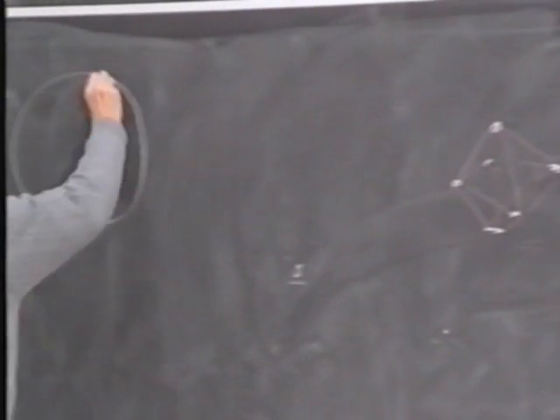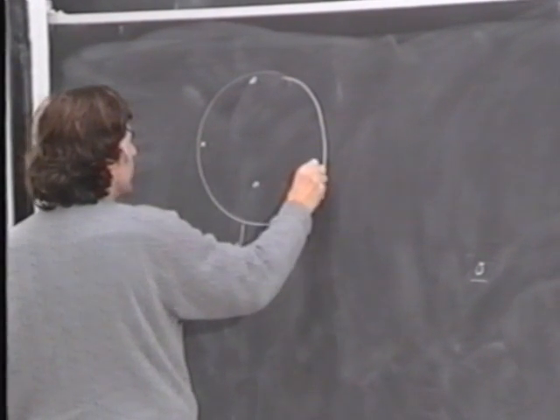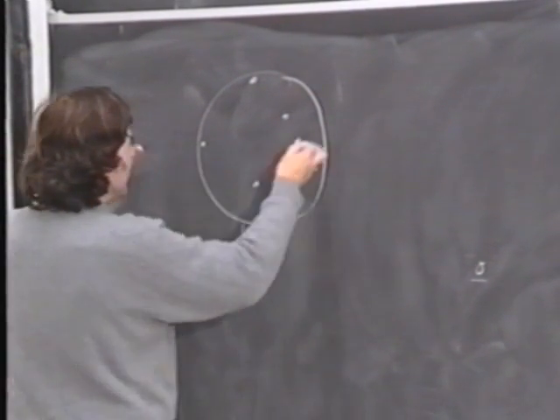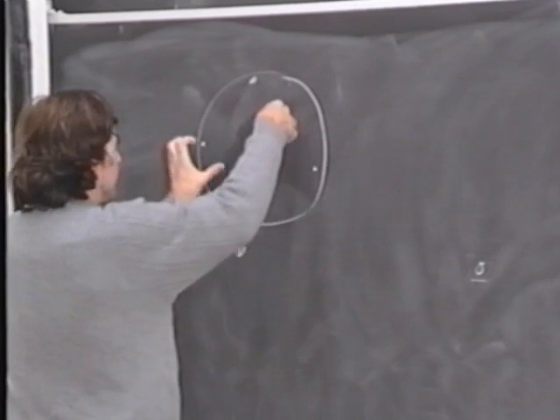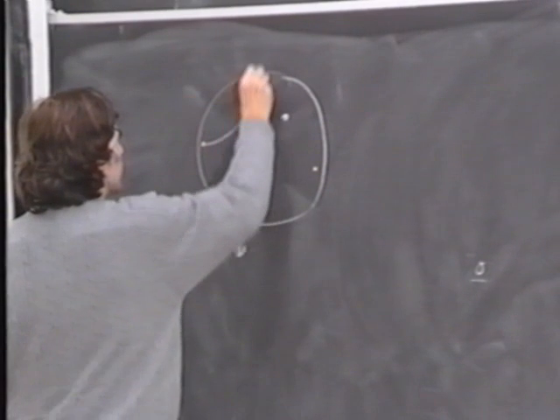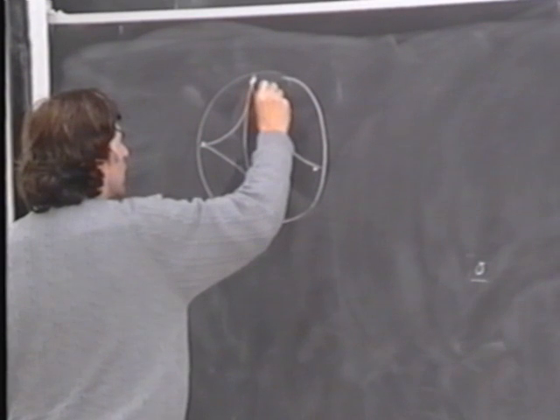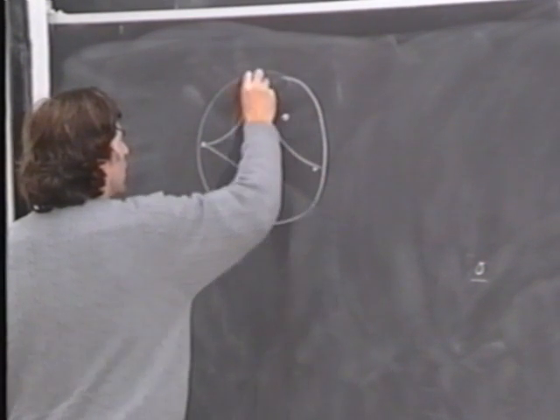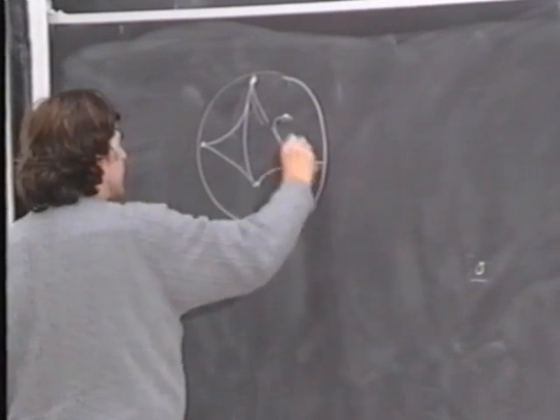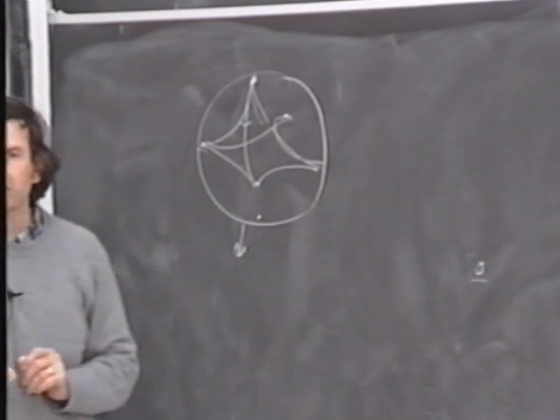Well, it turns out that if you take the Poincare ball model of hyperbolic space, inscribe a regular octahedron. I mean, in other words, put 6 points on the sphere that are the vertices of an octahedron. And now draw the hyperbolic geodesics joining them, somehow I've not made it symmetric enough. It turns out that all these angles are 90 degrees.